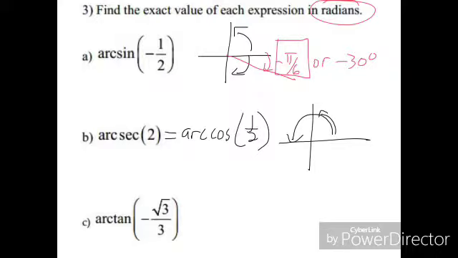That's where arc cosine lives. And where arc cosine is positive is in quadrant 1. Well, that's also where arc secant is positive. So we're in quadrant 1. We're somewhere in here. Where's cosine 1/2? 60 degrees, or pi thirds. That's where cosine would be 1/2. That's where secant would be 2.